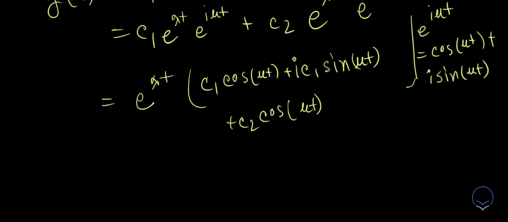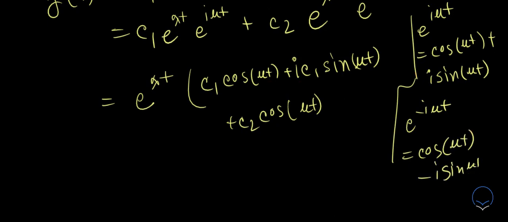So you will have cos μt − i sin μt. So the rest of the terms are just −c2 i sin μt, right?